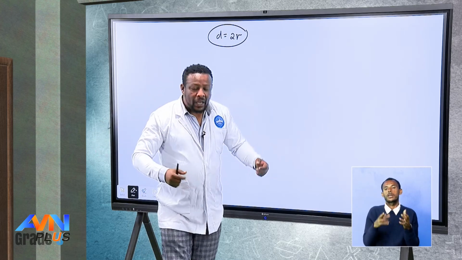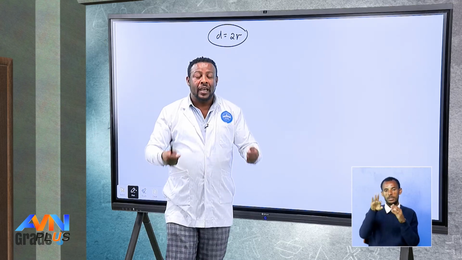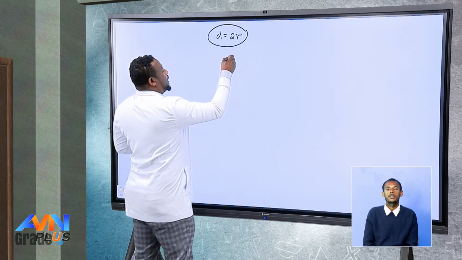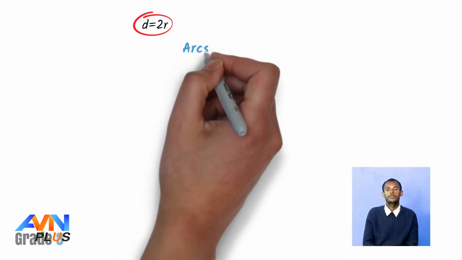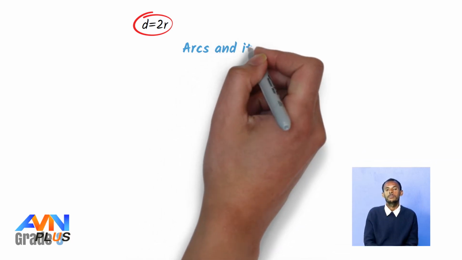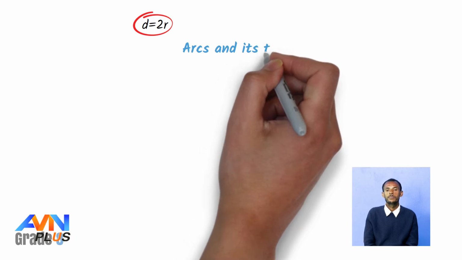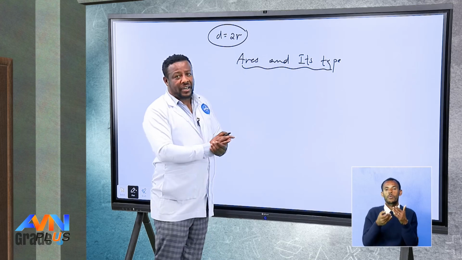Now we will see some other terminologies in circle, that is arcs and their types. So what is an arc?